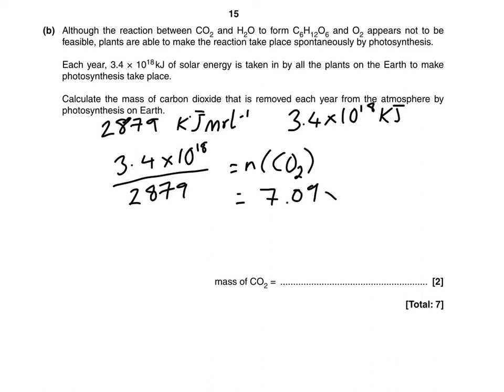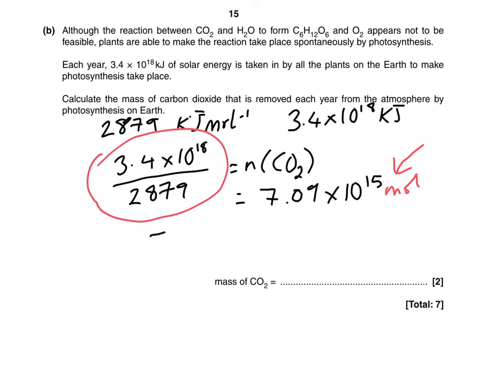So you get 1 mark for getting this far, either by showing it in this form or by giving the value here. So 1 mark for that. Final mark is you need to do the mass, which is going to be the number of moles times the molar mass of CO2, which is 44.